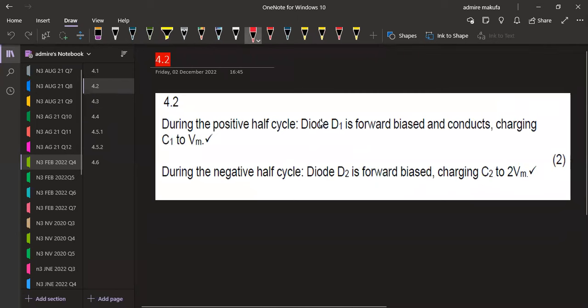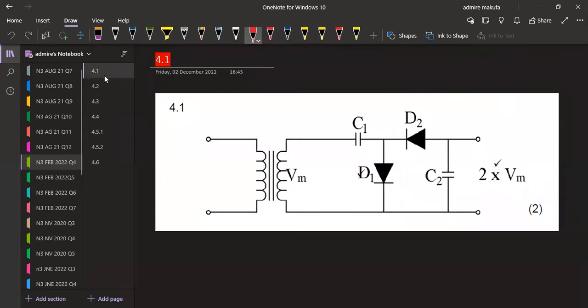During the positive half cycle, diode D1 is forward biased and conducts, charging C1 to VM. So diode D1 is forward biased during the first, positive half cycle, charging C1 so that it gives us a maximum.